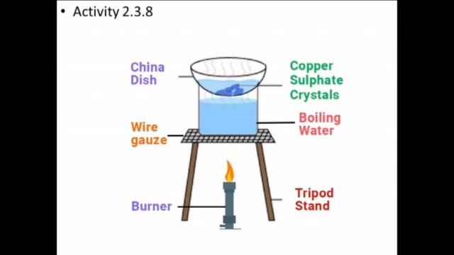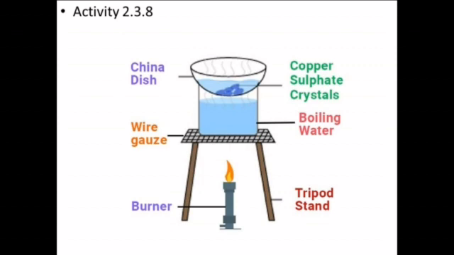Filter the impurities out. Evaporate water from the copper sulfate solution so as to get a saturated solution. Cover the solution with a filter paper and leave it undisturbed at room temperature to cool slowly for a day.